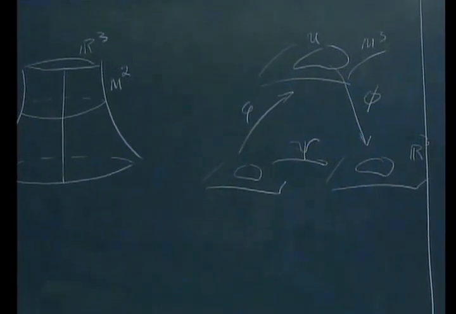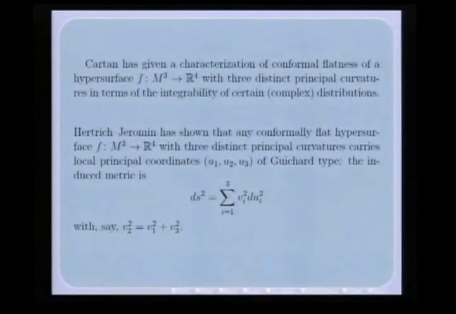But it's not quite easy to construct a conformally flat hypersurface from an orthogonal system of Guichard type, and conversely.